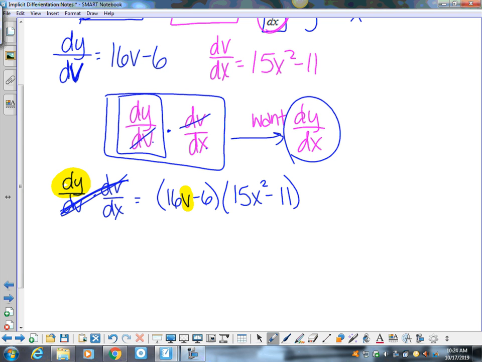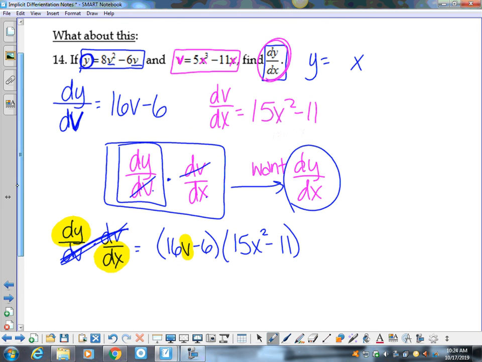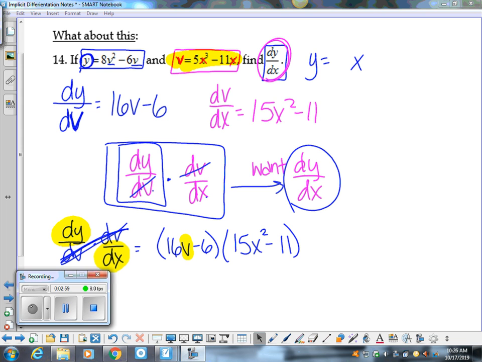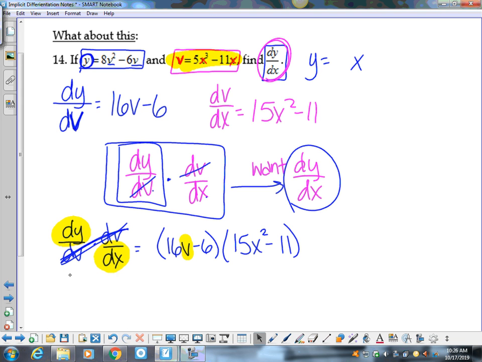If I want dy dx, then I want it in terms of x. Okay, well remember in your original, I knew what v was. So I can take what equals v and put it in for v.